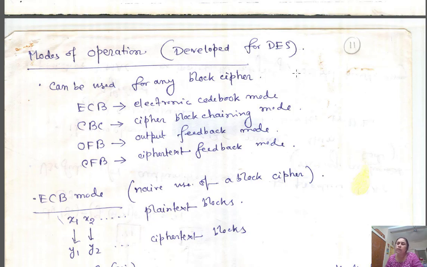Now here I want to recall that when we give the initial key, this 56-bit key comes in a packet of 64 bits. The 8th position, 16th position, and so on in that key are parity check bits.